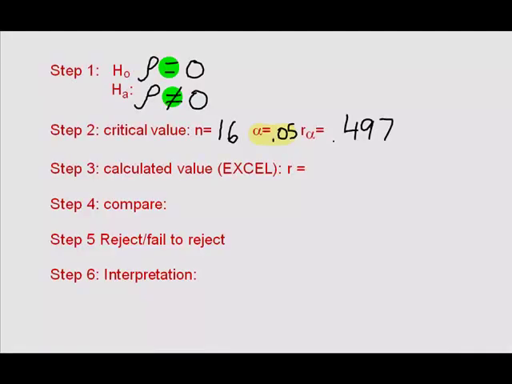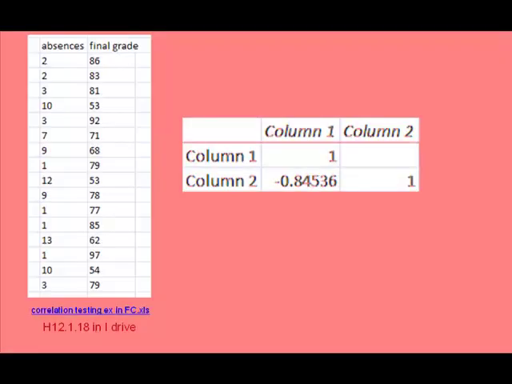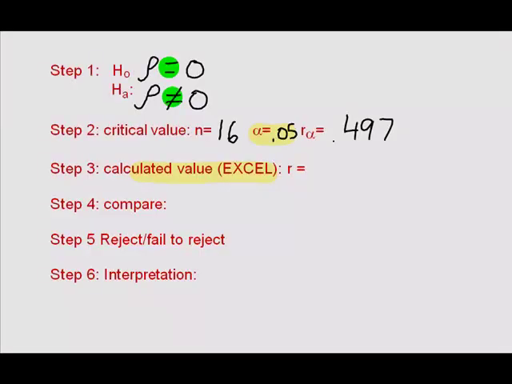My calculated value, again, this comes from Excel. Going back to the data, R was negative 0.845. Negative 0.845. Yes, that means this also needs to become a negative for our comparison.